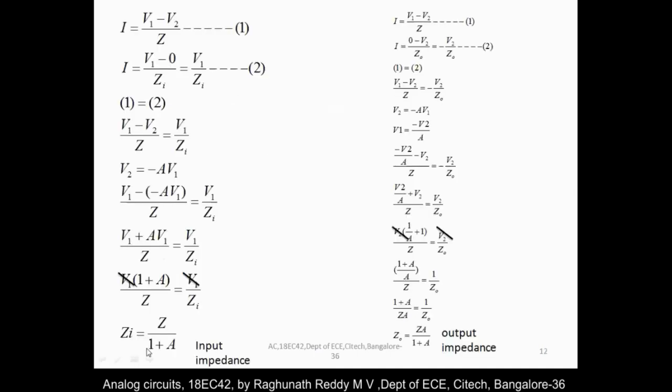The Miller resistance on the input side, Zi equal to Z divided by 1 plus A. This is the input impedance. Next, Z0 equal to ZA by 1 plus A, that is the output impedance, but this is not in the VTU syllabus. But in order to calculate input impedance with feedback, these two expressions are required.